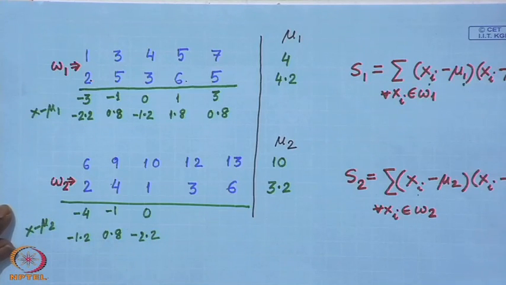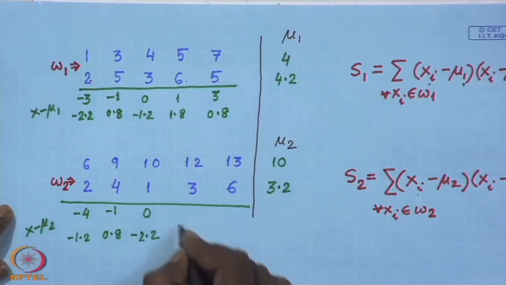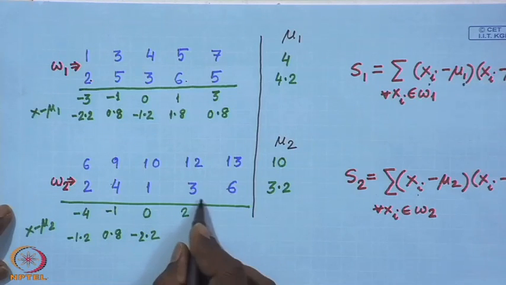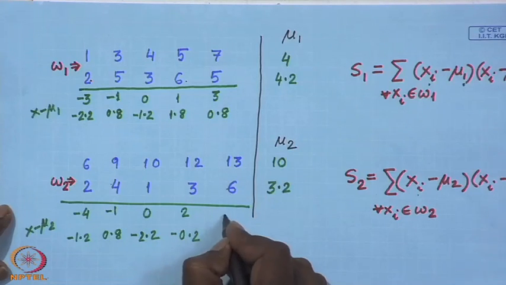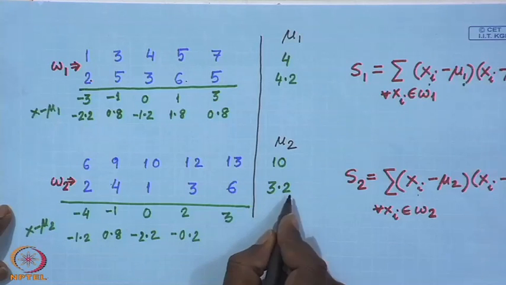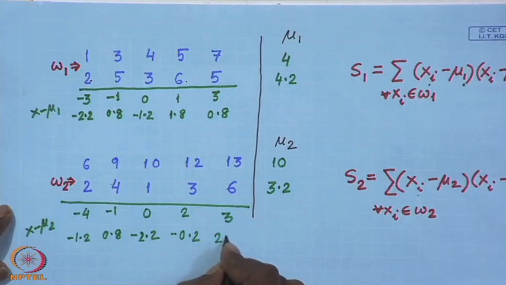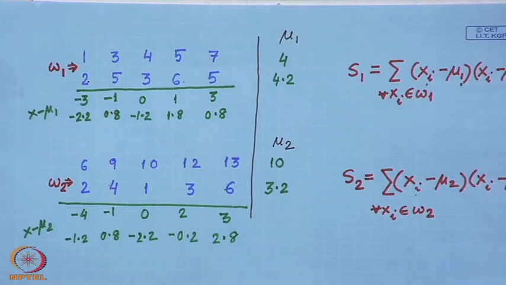Similarly, here 12 minus 10 will be 2, 3 minus 3.2 will be minus 0.2, 13 minus 10 is 3, 6 minus 3.2 is 2.8. So, I have got x minus mu for every individual x belonging to class omega 2.